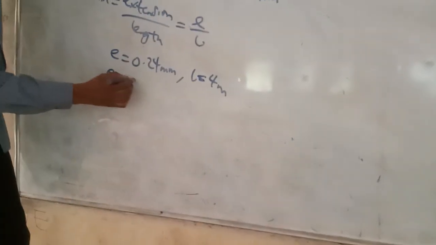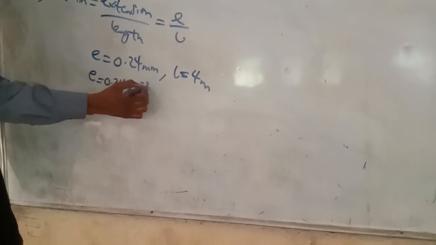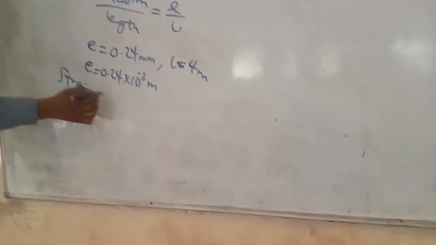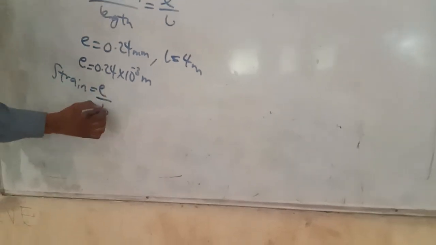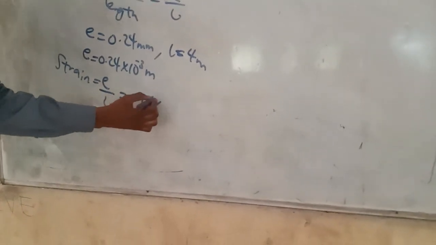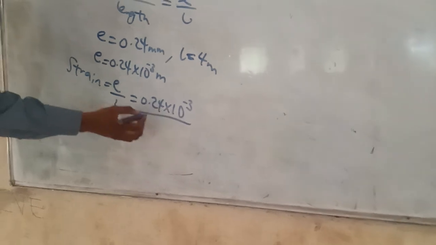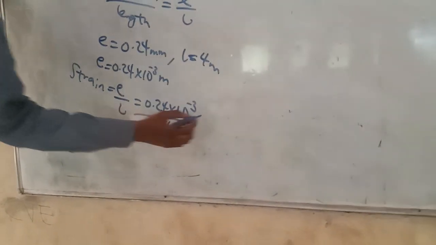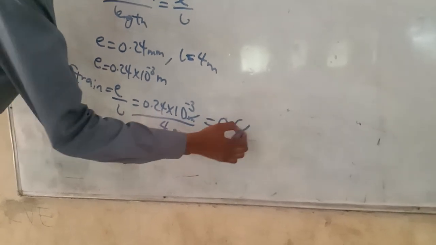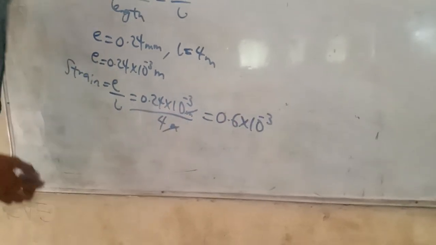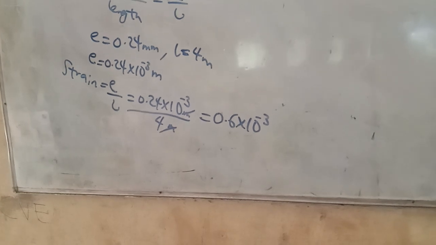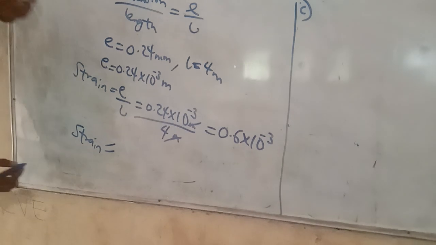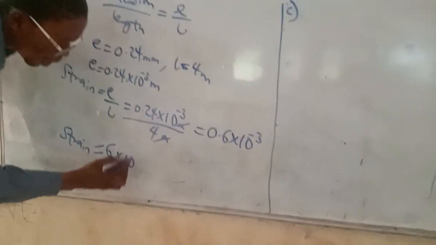Our extension is 0.24 times 10 raised to power minus 3 meter. Now putting it there, our strain will be equal to extension over length, which is 0.24 times 10 raised to power minus 3 over our length, that is 4 meter. We cancel meter, we have 0.6 times 10 raised to power minus 3. That is your strain. To write it in standard form, we have 6 times 10 raised to power minus 4.